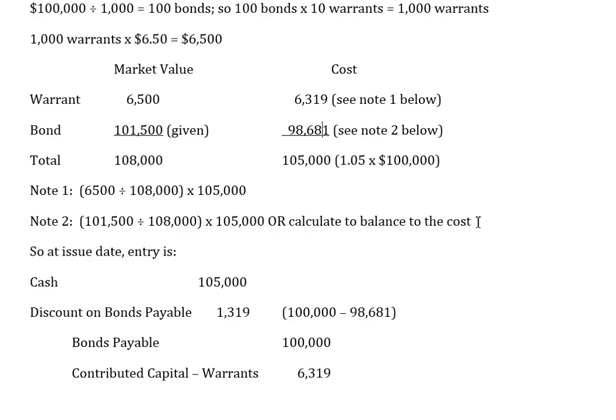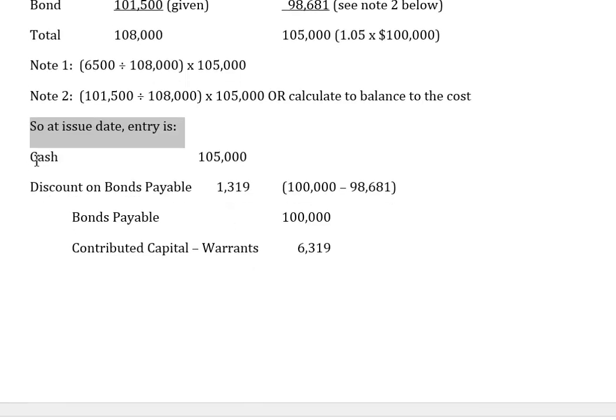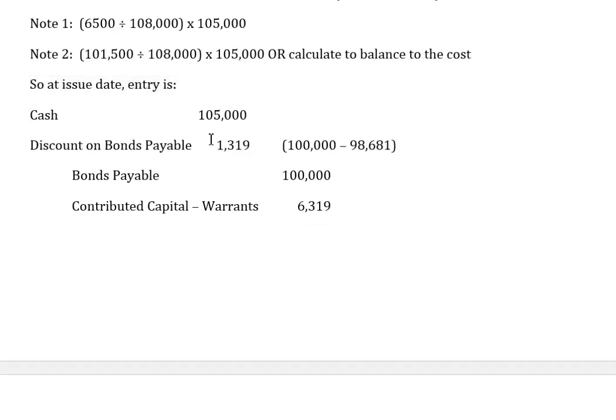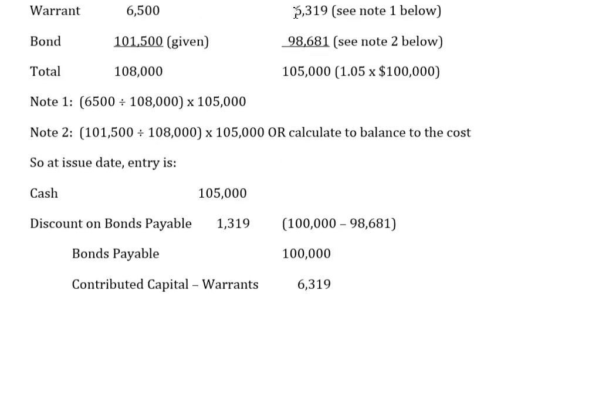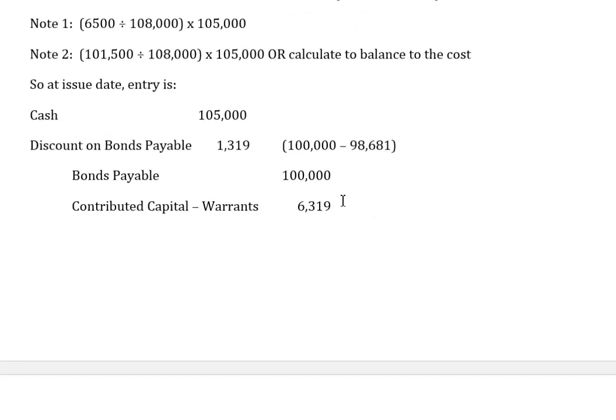You can see here that we have a discount bond. Why? Because the bond is going to be carried at $98,681, but don't forget, the face value of the bond is $100,000. So when I'm recording the issue of the bond with the warrants at the issue date, I'm going to debit my cash for $105,000, because that's how much the investors are giving me, right? Don't forget, I'm also issuing a bond payable at 100,000, but I know I have a discount on the bonds.